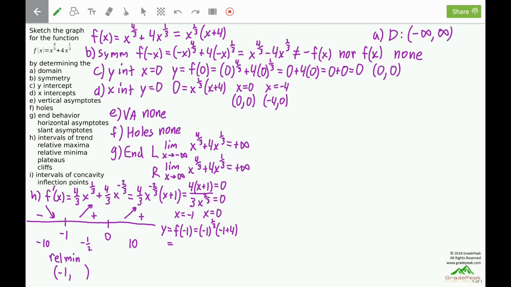Negative 1 to the 1/3 power is the cubed root to the first power. So cubed root of negative 1, which is negative 1. And then times negative 1 plus 4, which is a 3. Negative 1 times 3 is a negative 3, and we have a corresponding y-coordinate of negative 3.